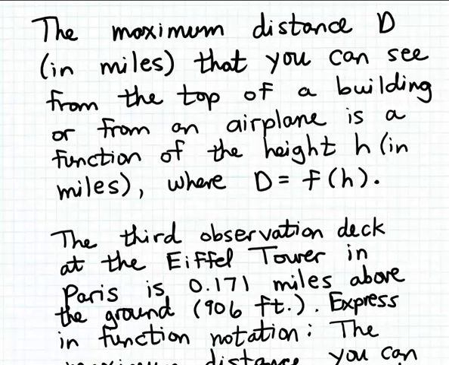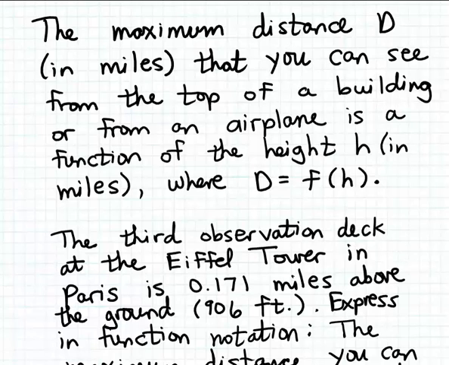Okay, in this example, just like in the previous example, we are going to use a function that relates the distance d that you can see from the top of a building or from an airplane perhaps to the height h in miles of the top of the building or the height of the airplane.